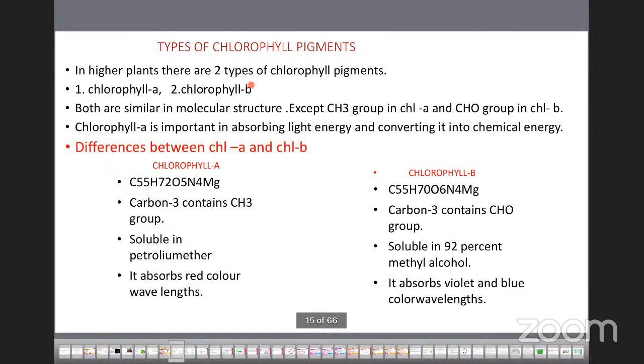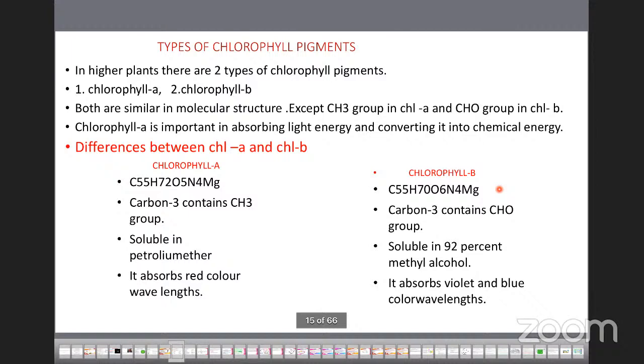What is the chlorophyll A molecular formula? C55H72O5N4Mg is its molecular formula, whereas C55H70O6N4Mg is the chlorophyll B molecular formula.